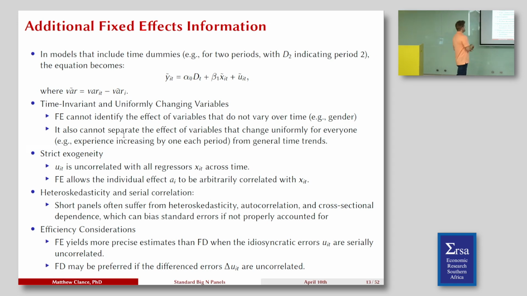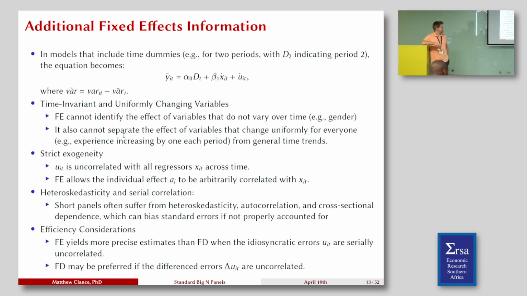Okay? So it also can't separate out the effects of changes, or a change that is uniform for everyone. If you're following people perfectly, and we're looking at age, well, everyone in that sample is moving by 1. That's usually not a good thing that we want to look at, right?